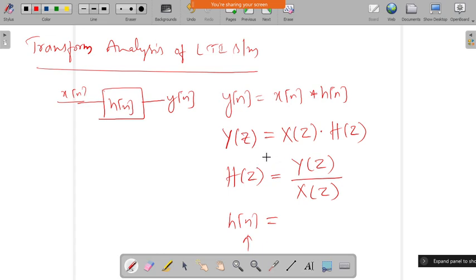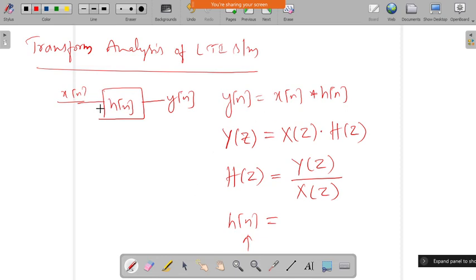So, if I have an equation in terms of a difference or differential equation, or in terms of impulse signals, or if I know x(n) and y(n), then we can easily find the transfer function.